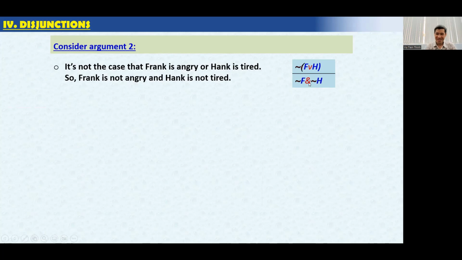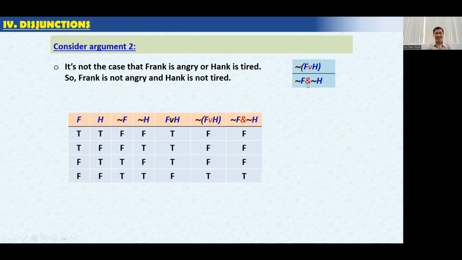You count. Maybe this way, 7 columns: F, H, not F, not H, F or H, not the case F or H, and not F and not H.